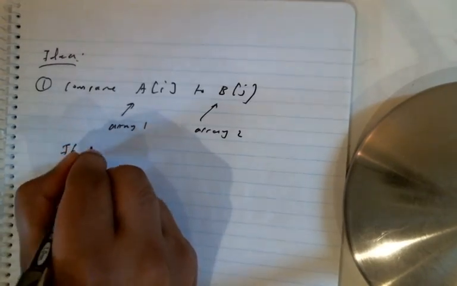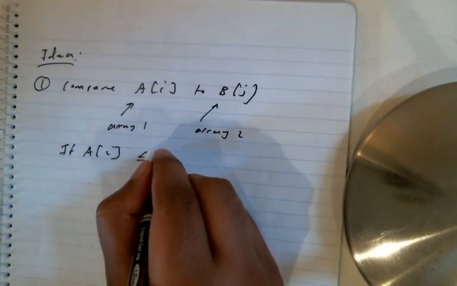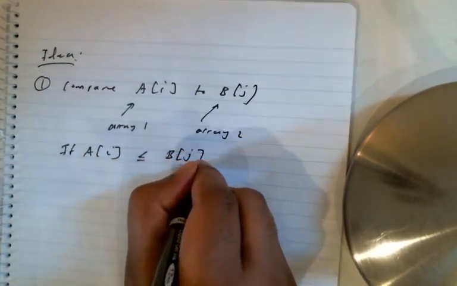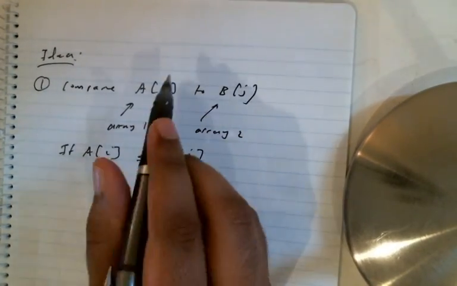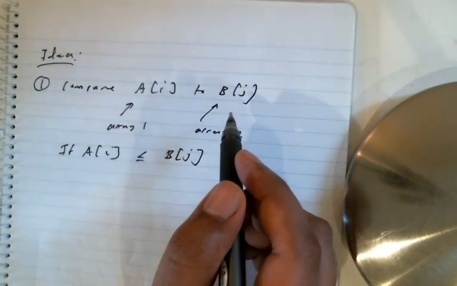So if A_i is less than or equal to B_j, right? So if the ith element of array 1 is less than the jth element of array 2, let's say i and j are 1 at the moment, right?